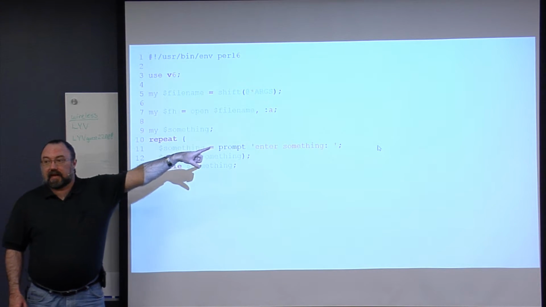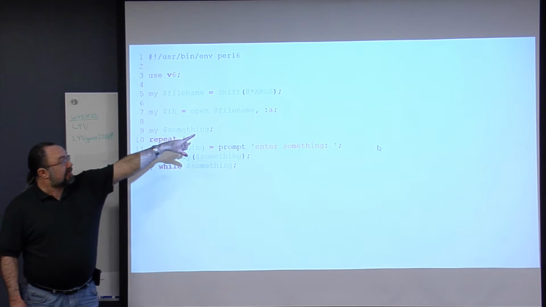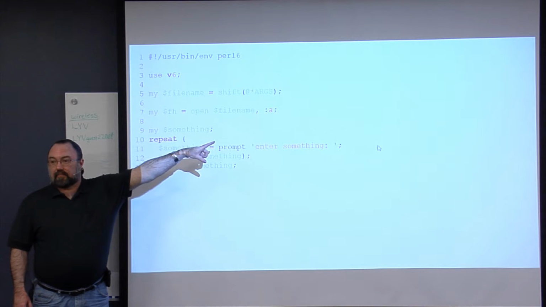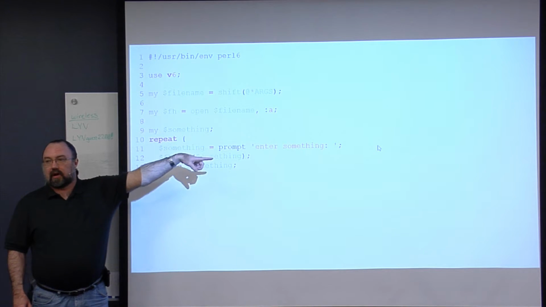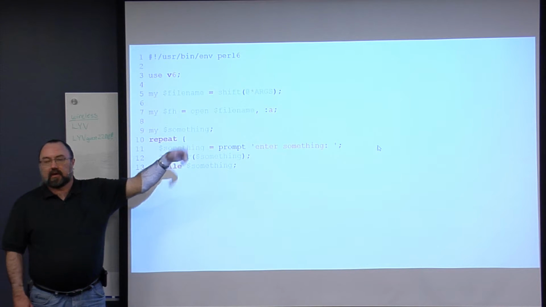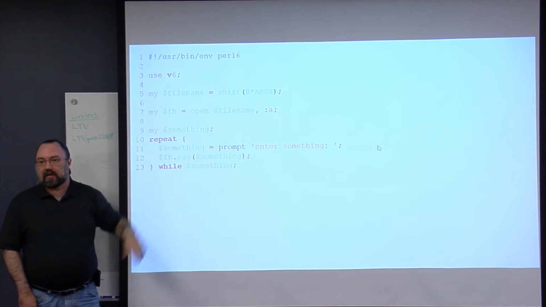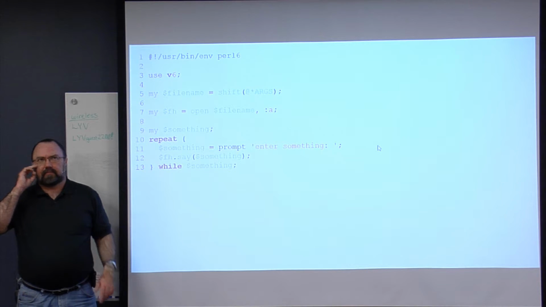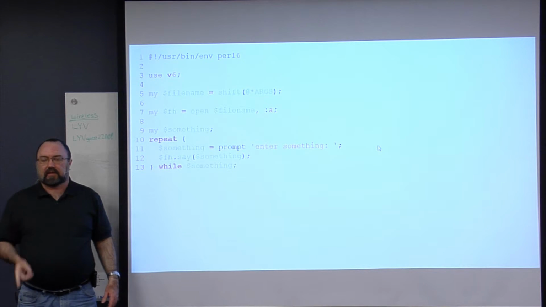Open, you'll notice the syntax is different. Basically now you've got the :a, which is append. If I wanted it to be write, it would be w. r for read. Do they still support the read write? I believe so, but I haven't looked into that.